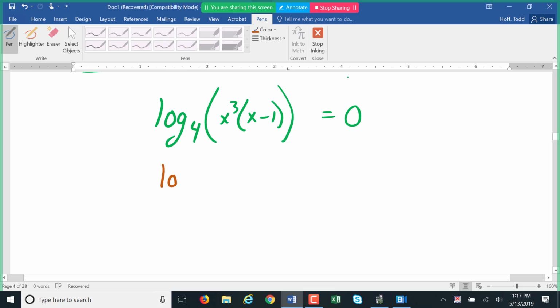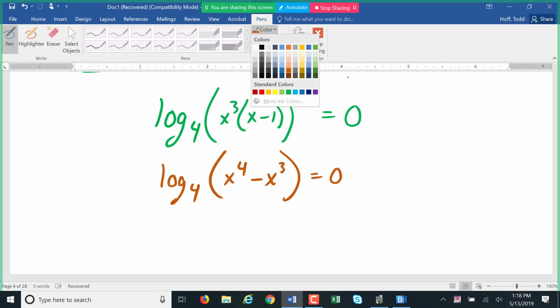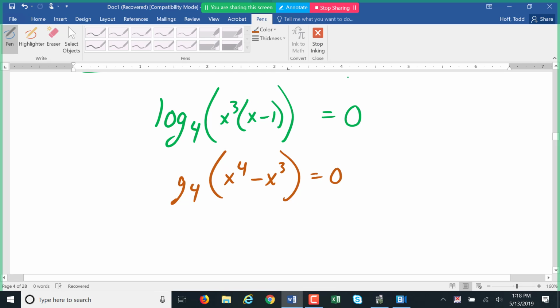So now this is log base 4 of x to the fourth minus x to the third equals 0. Now what do we do?